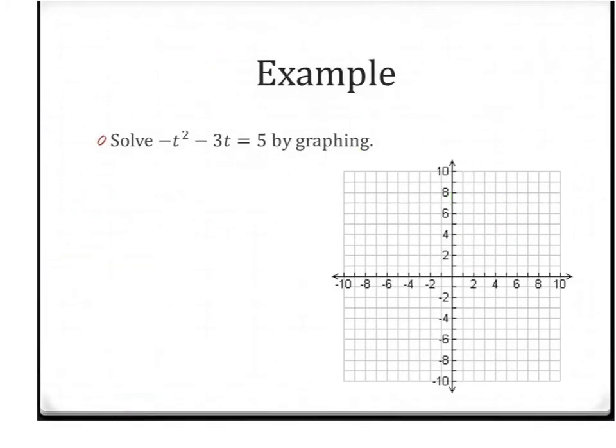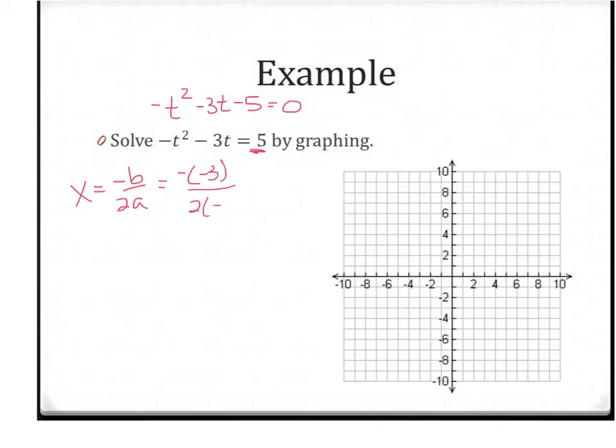All right, so here's our last one that we're going to solve by graphing at the moment. Same thing, negative b over 2a, but not equal to 0. So what you have to do first is subtract the 5 over and set it equal to 0. It has to be equal to 0 for you to get your a, b, and c. I know that only affected your c, but it still has to be equal to 0. Negative 3 over 2 times negative 1.